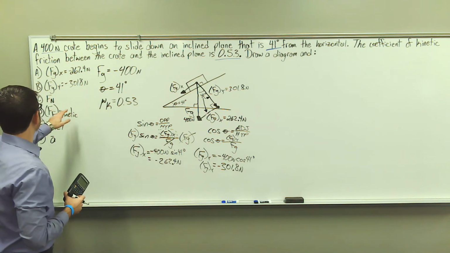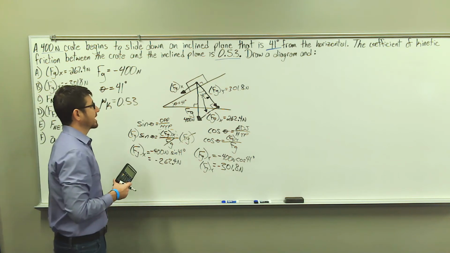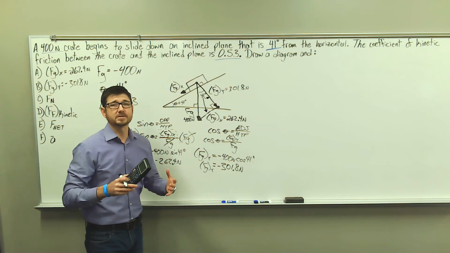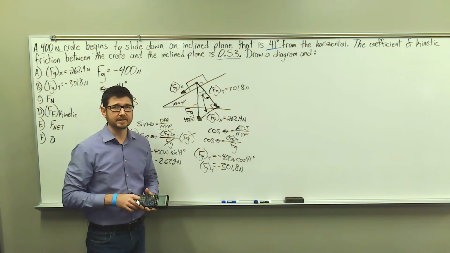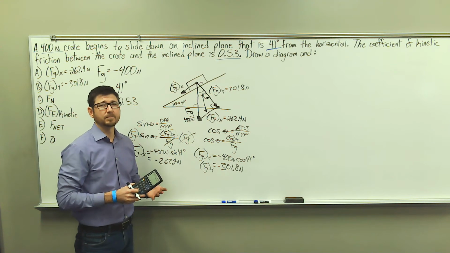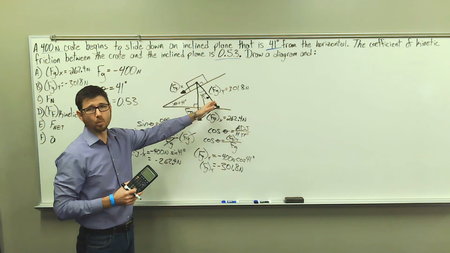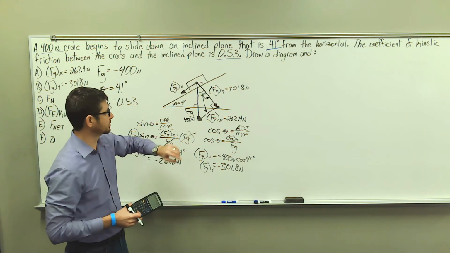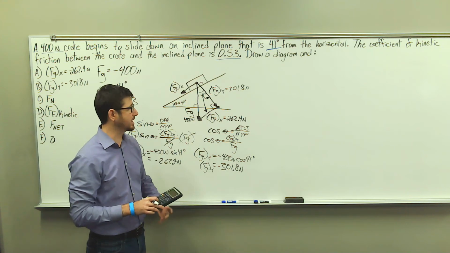Okay? Part C. Okay, on part C it wants to know the normal force. So in our notes, the 6 facts for an object on an inclined plane, we know that the normal force is equal in magnitude to the y component of weight force, but the vector points opposite in direction. Remember, this is called an interaction pair.